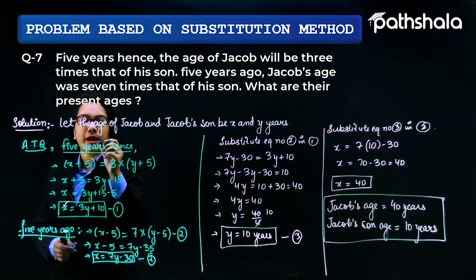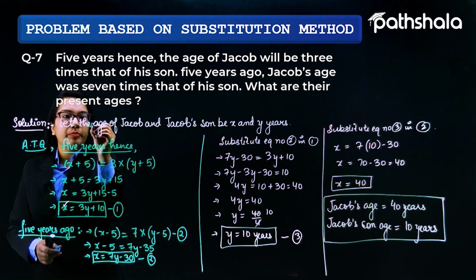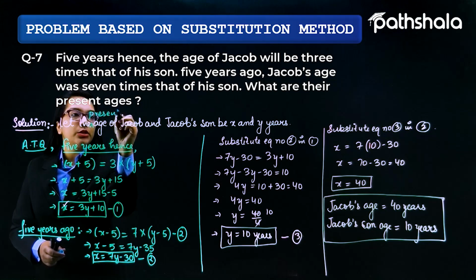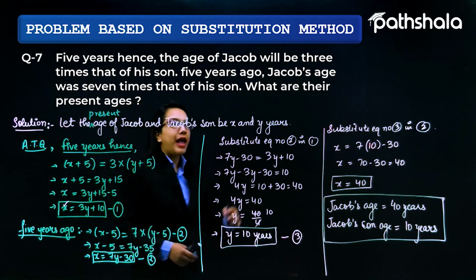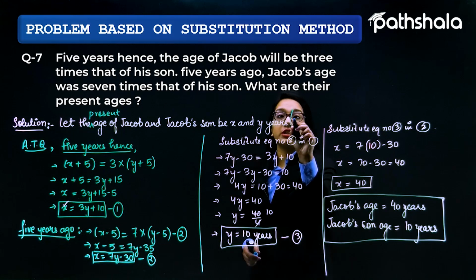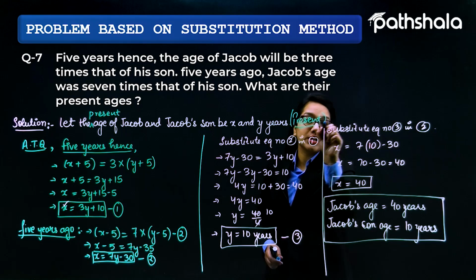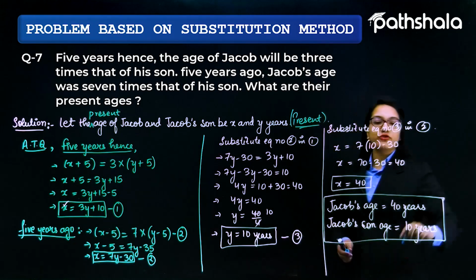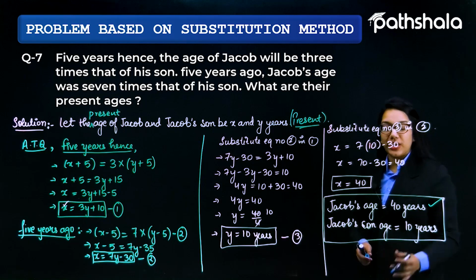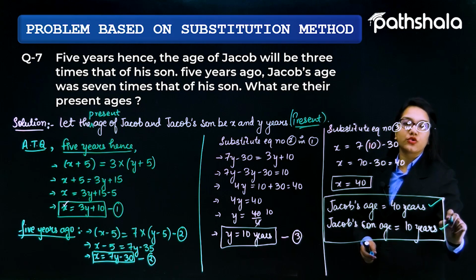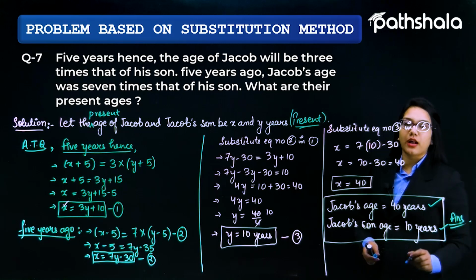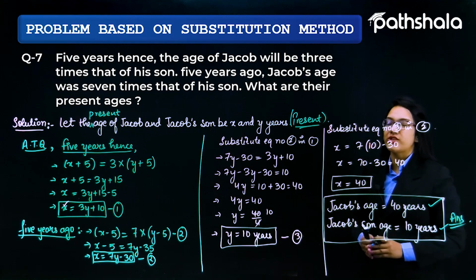So let me add the word here: let the present age, because we are talking about the present ages of both of them. Always remember, these are the present ages. So the present age of Jacob is 40 and Jacob's son's age is 10 years. This is our answer, and this is all about question number 7.